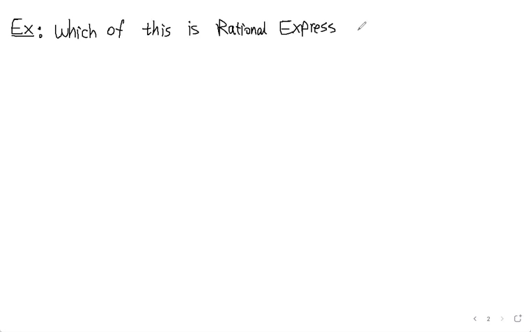Which of these are rational expressions and which are not? For example, first one, 2x over x minus 1.